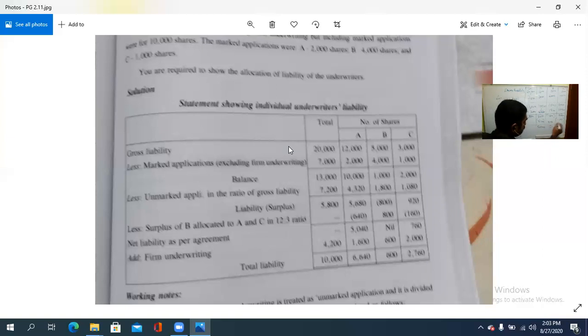Then this is 0, and 920 minus 160, it is 760. Okay. So this is 5,040 plus 760.